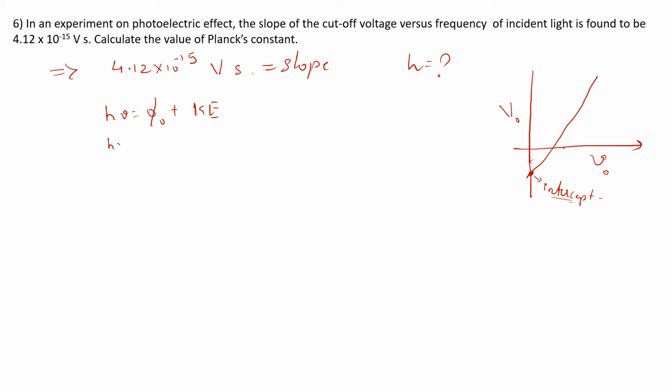This work function plus maximum kinetic energy can also be written as e into V0, where V0 is the stopping potential and nu is the frequency. Between these two we have plotted a graph. So if I want to write this for e V naught, because for stopping potential, what do I get? h nu minus phi naught. Or V stopping potential is equal to h by e into nu minus phi naught.